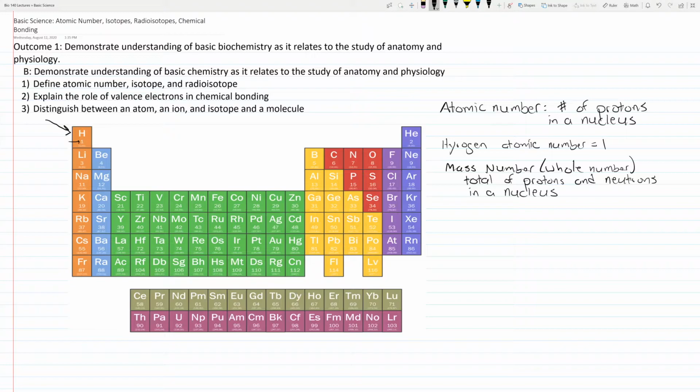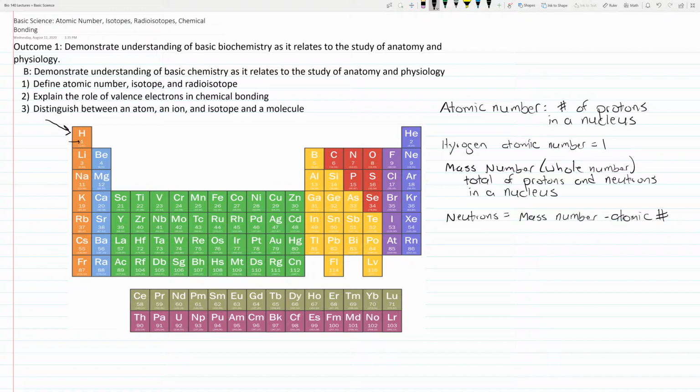So if I have the atomic number and the mass number, I can figure out how many neutrons are in the nucleus of an element. The way you do this is neutrons equals the mass number minus the atomic number.